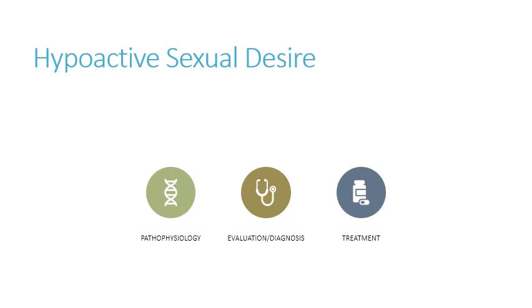And again, make sure that when you are interviewing the patient, the patient knows what hypoactive sexual desire is and what erectile dysfunction is, because people with hypoactive sexual desire may have normal excitement, they may have normal ability to achieve erection and orgasm, but they do not have desire.